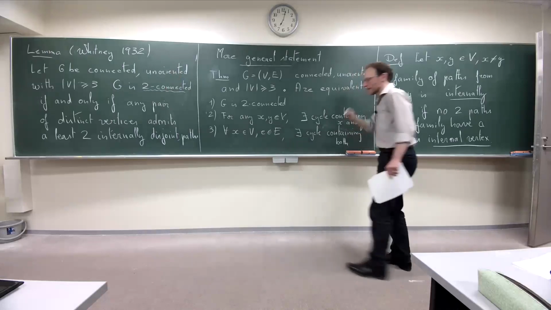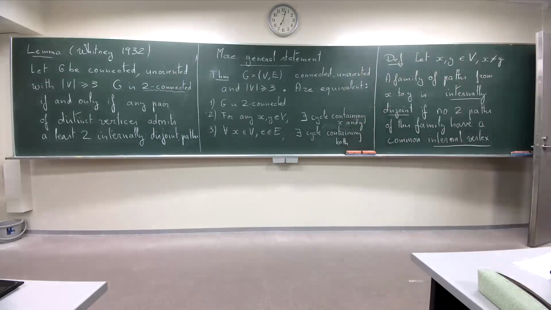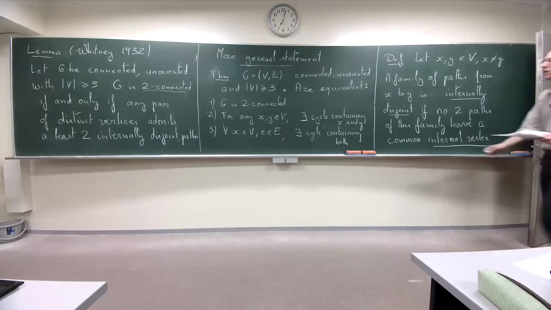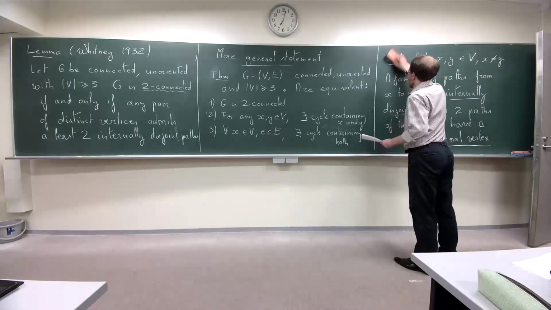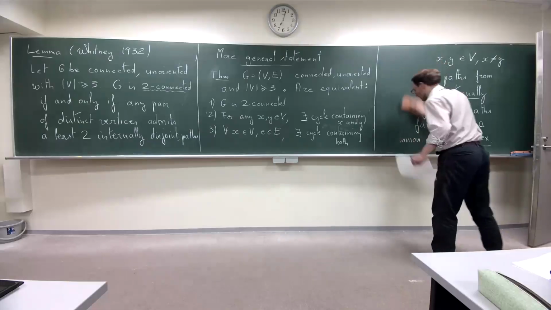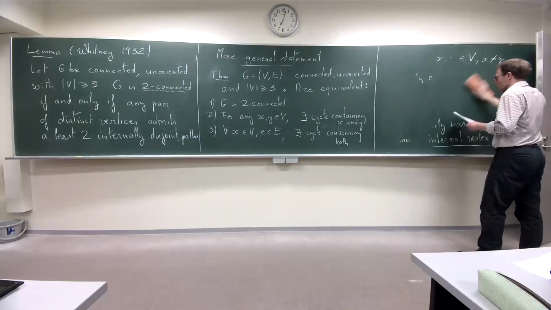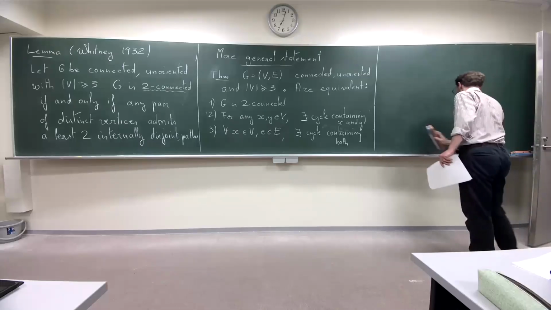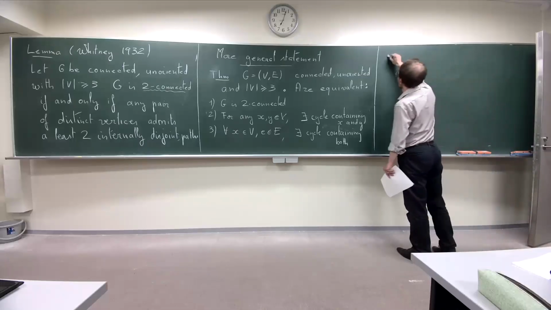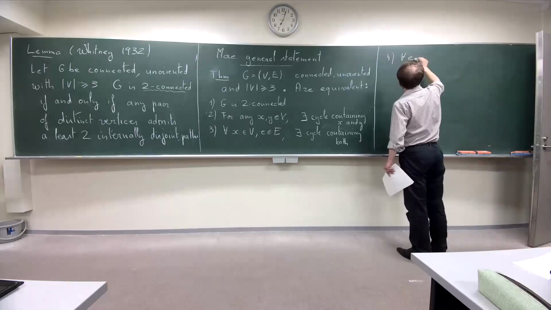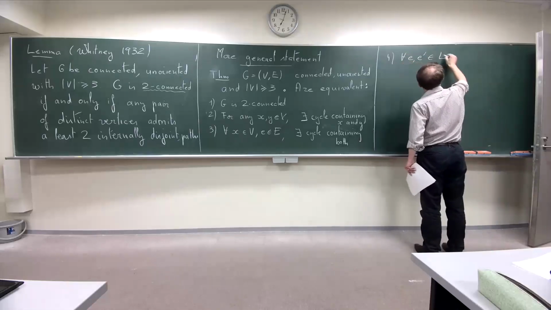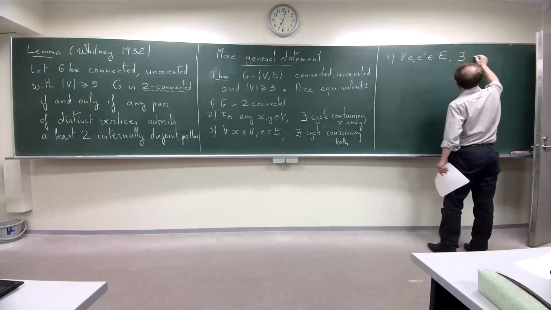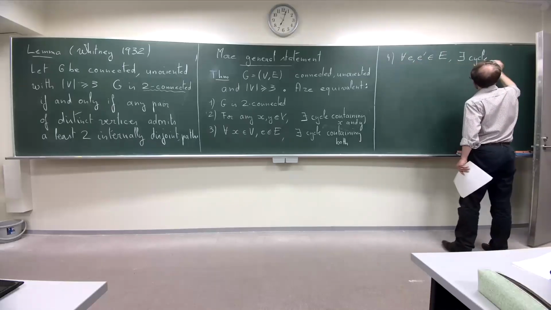So it means this cycle has to contain both x and the edge e. Now, if you choose 2 edges, this is number 4. For any e and e prime in the set of edges, there exists a cycle containing both.